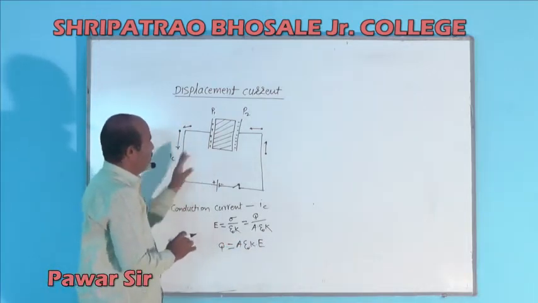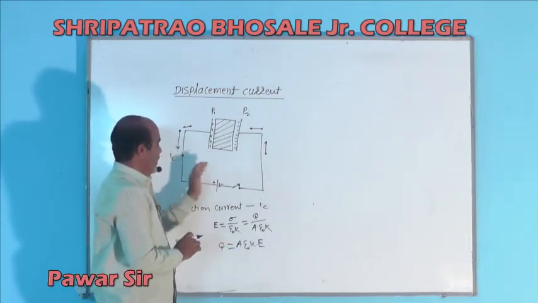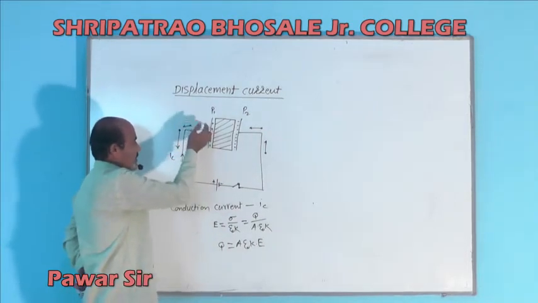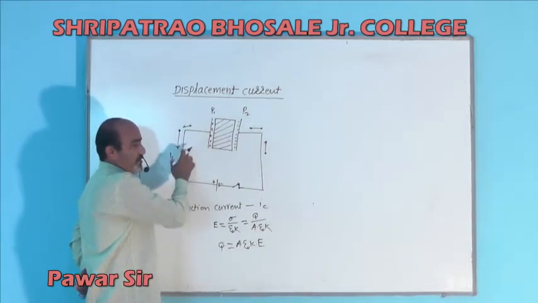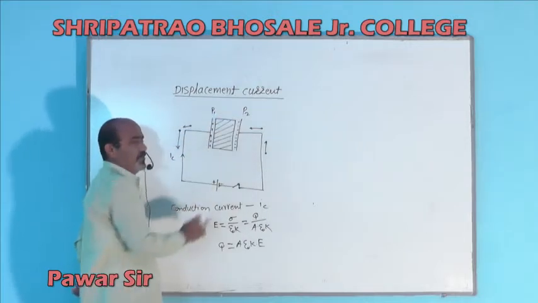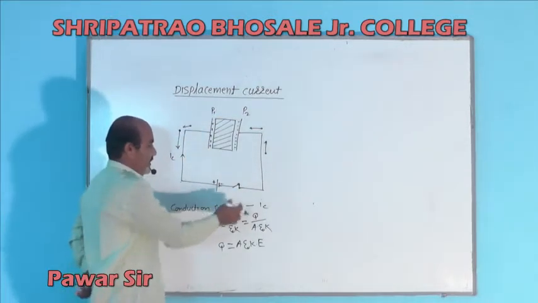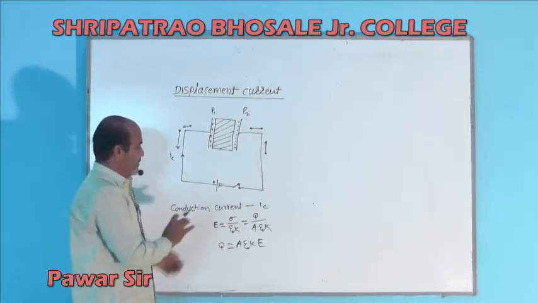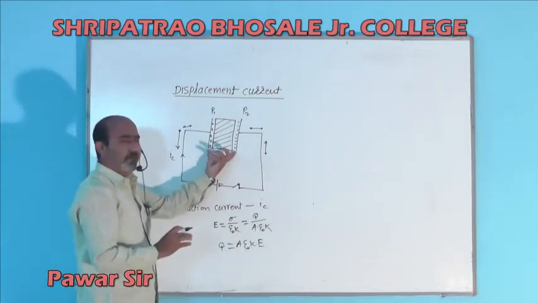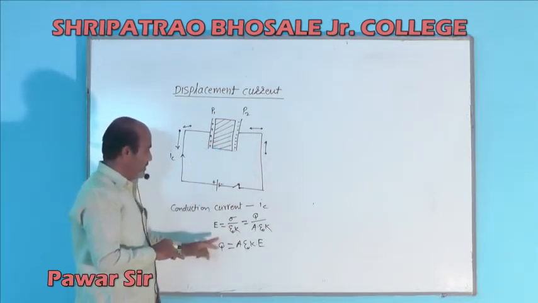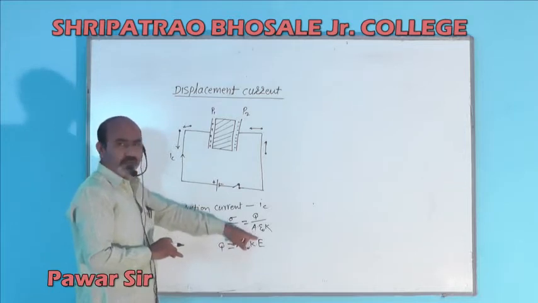During this process of charging, as electrons are taken out from P1 and deposited on P2, current IC increases. At the same time, electric field between plates also increases, as Q increases, E also increases.